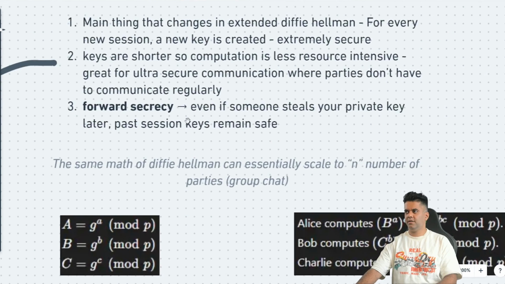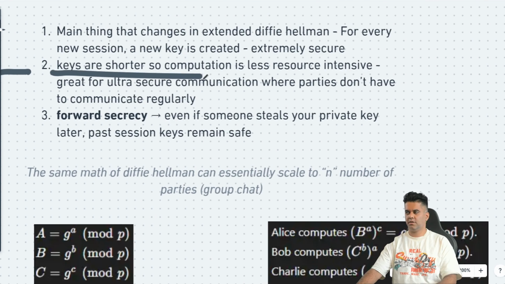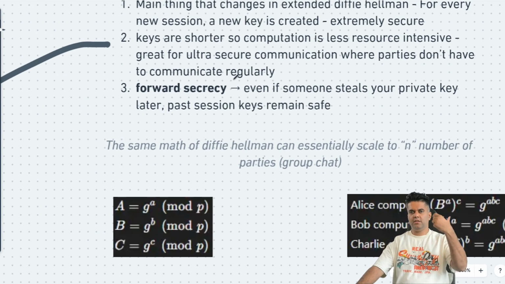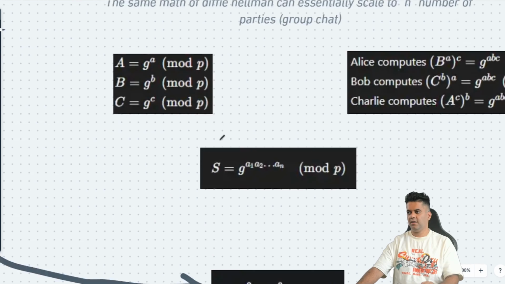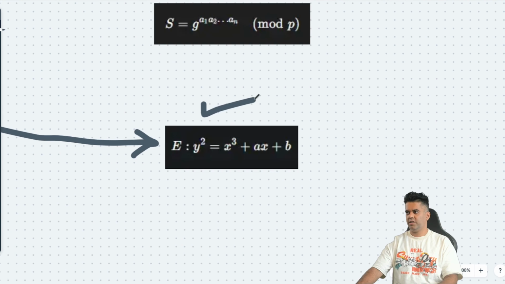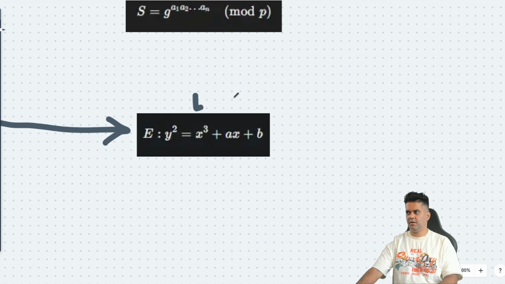Now the second part here, which was keys are shorter, right? There is another version of the extended Diffie-Hellman algorithm, which is actually dependent on elliptic curves. It's called ECDH, or elliptic curve Diffie-Hellman, where we use this equation, which is the equation of an elliptic curve. Now, I won't get into elliptic curves. It's a huge topic on its own.